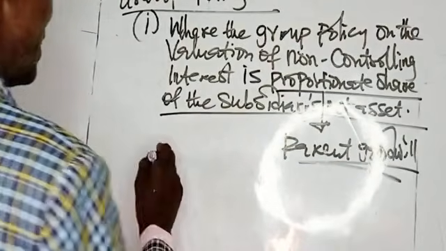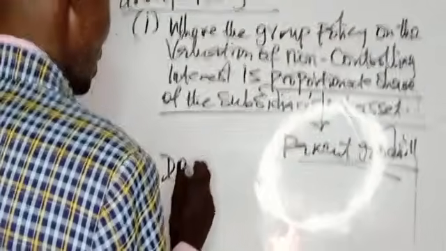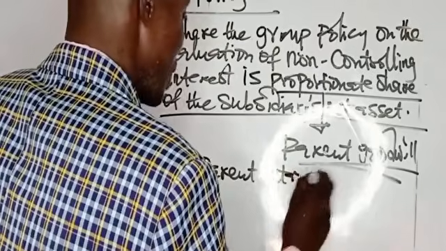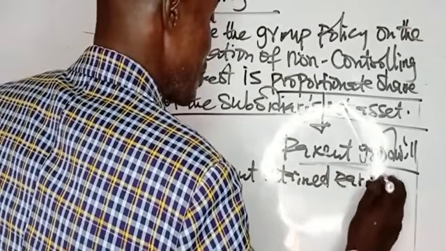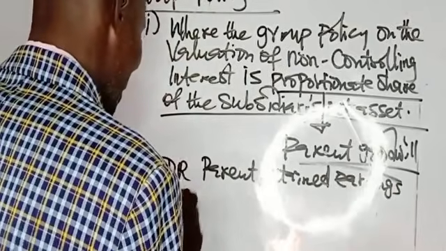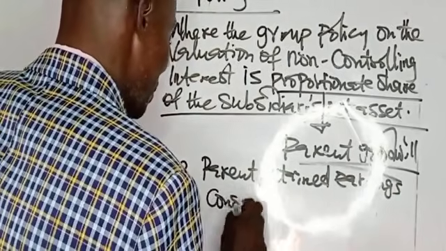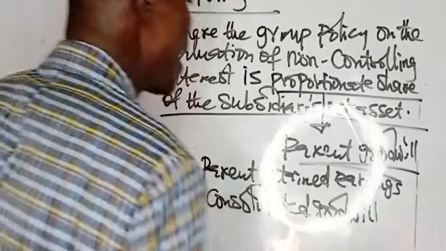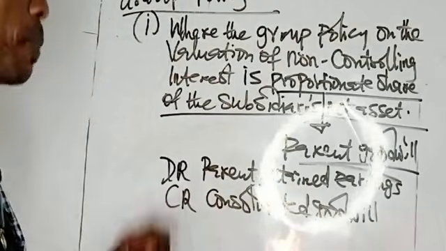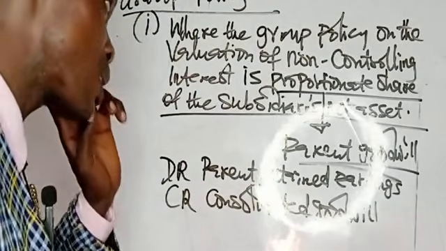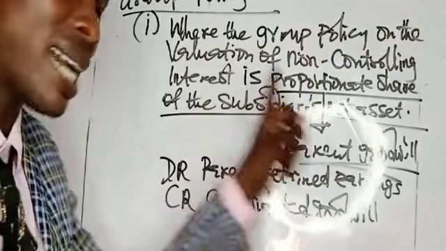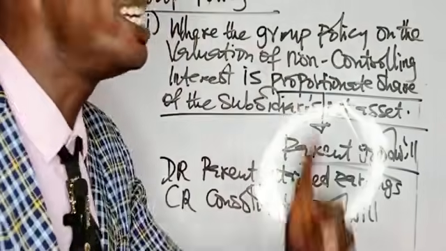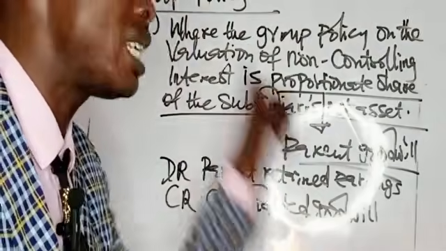So the double entry is debit parent retained earnings and credit consolidated goodwill. That is the treatment of impairment loss where the policy is proportionate. Being a partial goodwill method, it recognizes goodwill attributable to the parent company only.